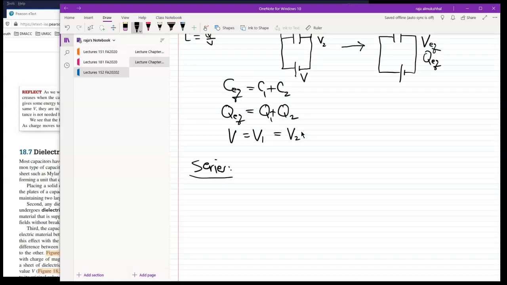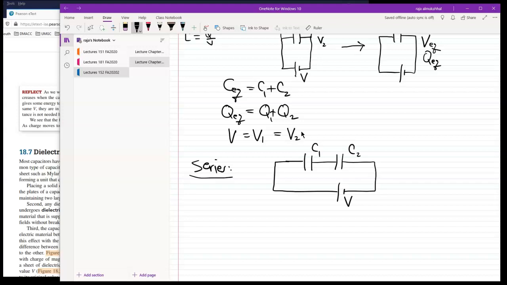Now, let's do the series combination. I'm going to draw another circuit where the two capacitors, or three, or whatever, are in series. Series means they follow each other like that. See the difference? Here is the battery right here. Here's the voltage on the battery, and this is C2, and this is C1. Of course, there is an associated Q1 and Q2 and V1 and V2.